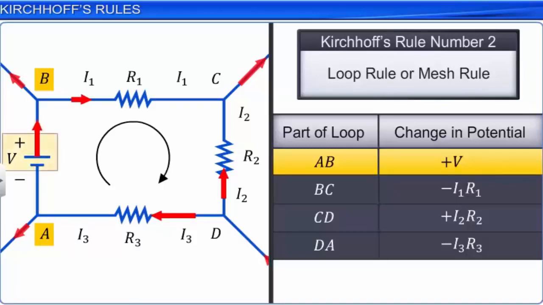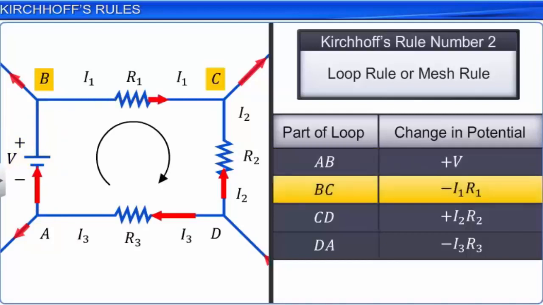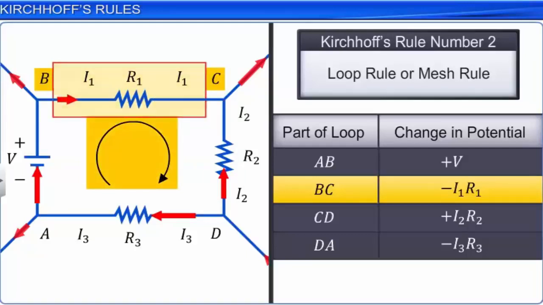BC. Current I1 is passing through R1. The direction of current I1 and the direction of walk-through is the same. The change in potential is minus I1 into R1. Here, you should clearly understand why the change in potential is minus.